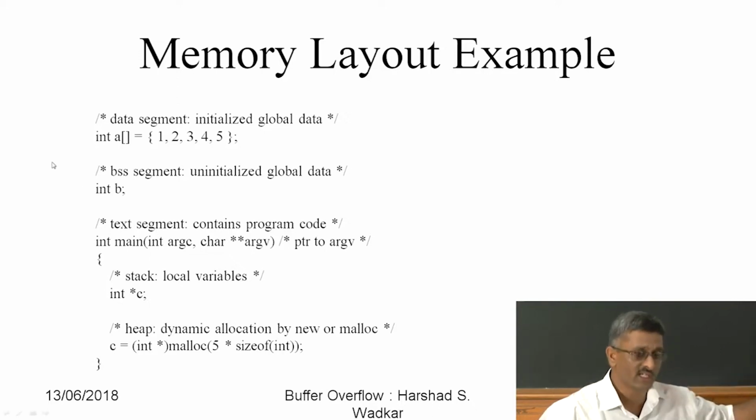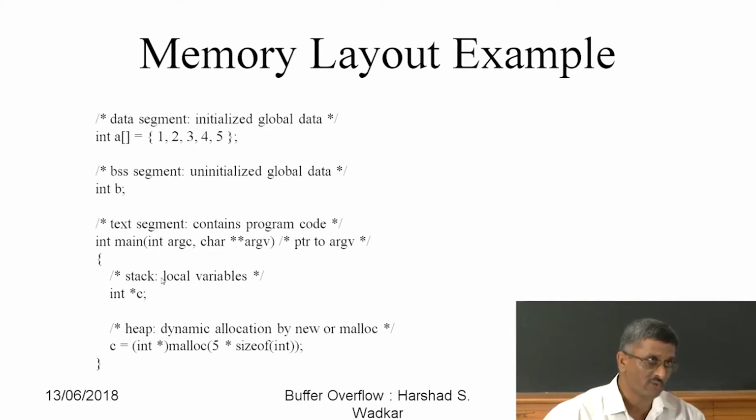Now come to the text area. The executable code of our program goes into the text segment, or code segment. Now this variable c, integer star c, the memory available to c, or memory given to c by the compiler, is in the activation record of the function main.